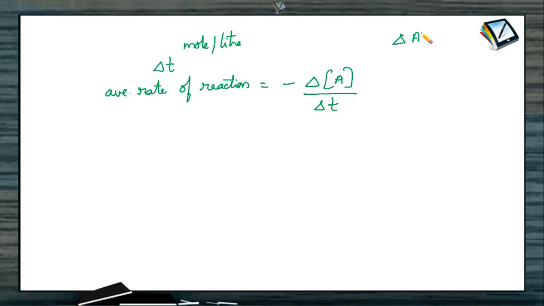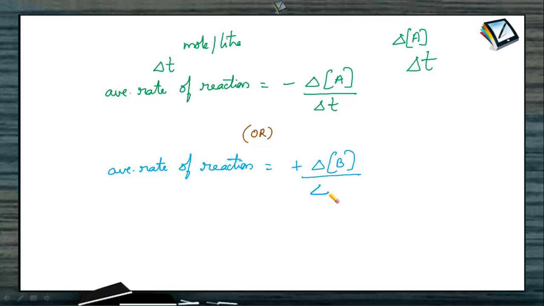Delta A is the change in the concentration of A in that particular time interval delta T. Or we can also write it as average rate of reaction equal to plus delta B upon delta T. And what is this delta B? Delta B is again the change in concentration of B in the small time interval of delta T.